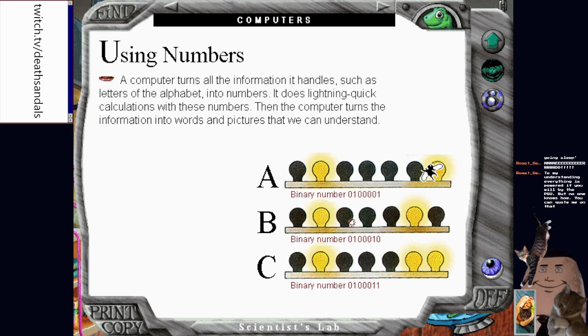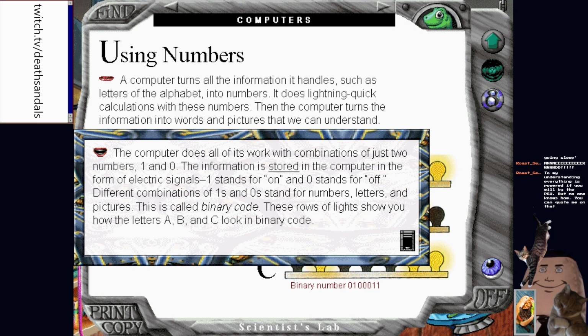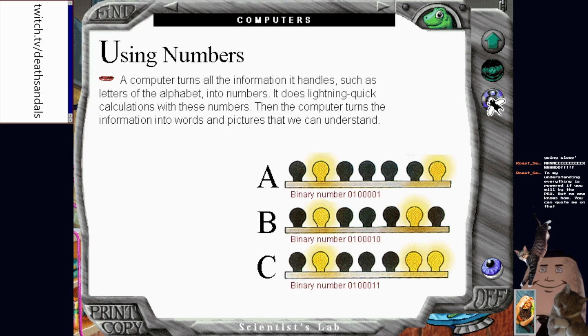So this would be 33 in binary, because, yeah, it's a 32. You're adding that number for the one it corresponds to. So, yeah, that's 33. That'd be 32 plus 2, 34. And then that'd be 35. "The computer does all this work with combinations of just two numbers, 1 and 0." Oh, they're explaining it better than I can. Yeah, yep, fair enough. All right.